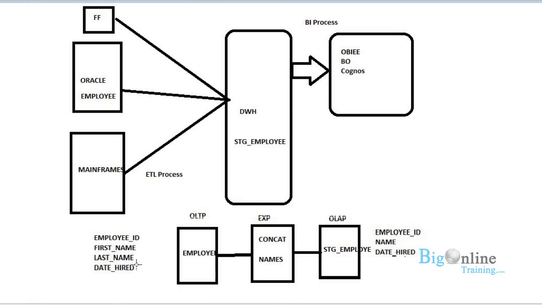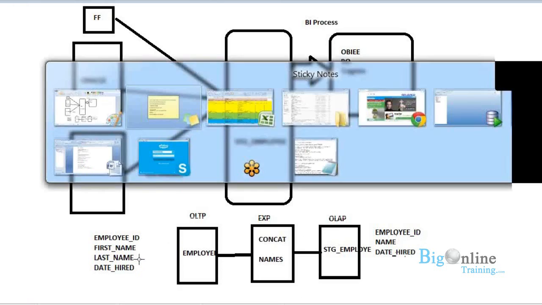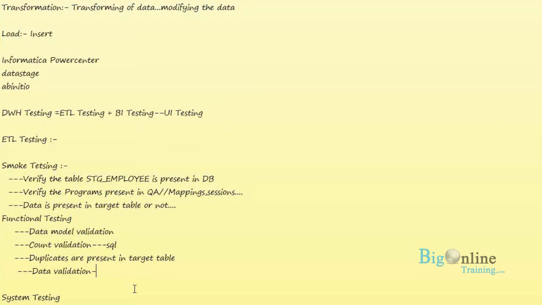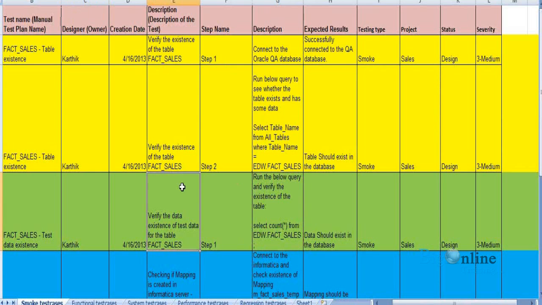So you need to validate the data across all the columns. Data validation will generally be done by the minus query. Minus query is one of the set operator queries which is used to perform the data validation between the source and the target. So this is how we'll perform various types of validations.